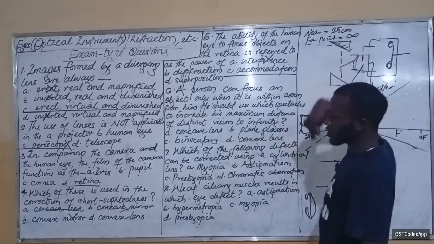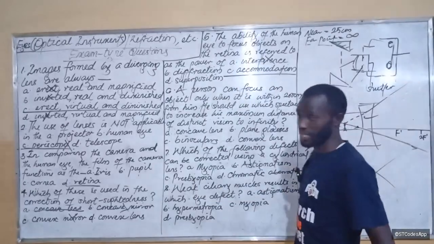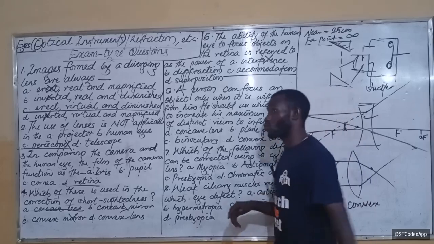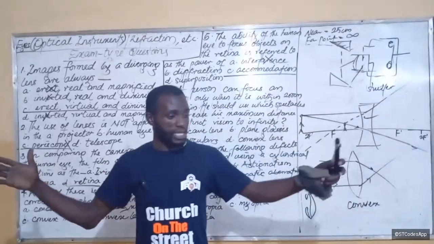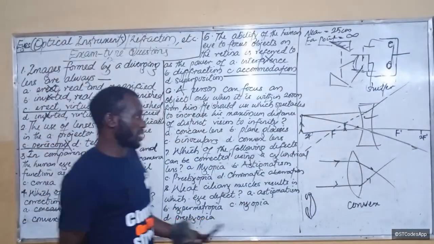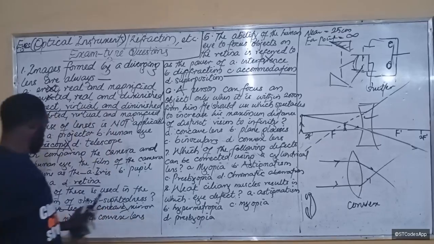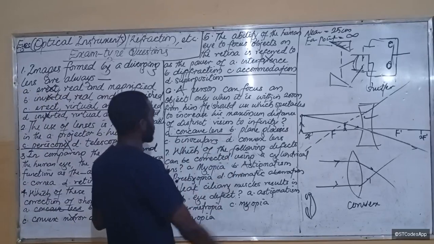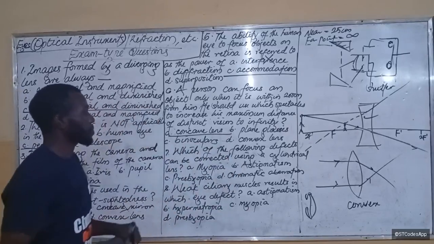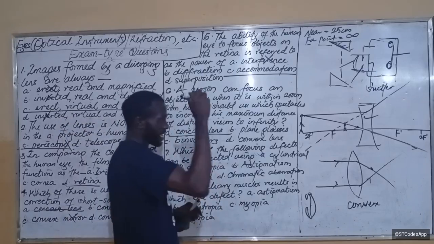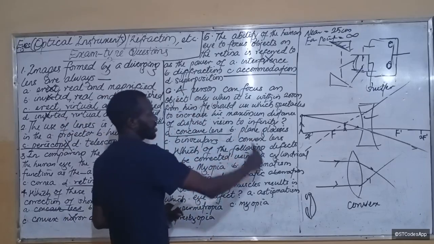If the person cannot see up to infinity, the person is short-sighted. He can only see near objects, and 200 centimeters is just 2 meters. So the person is still short-sighted. In fact, both of them are the same. So the person should still use a concave lens.